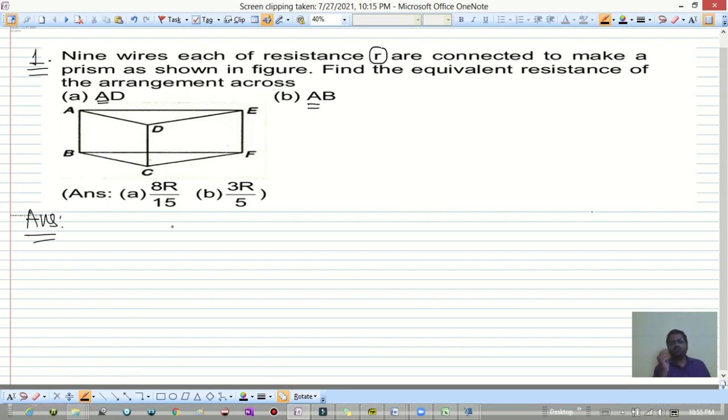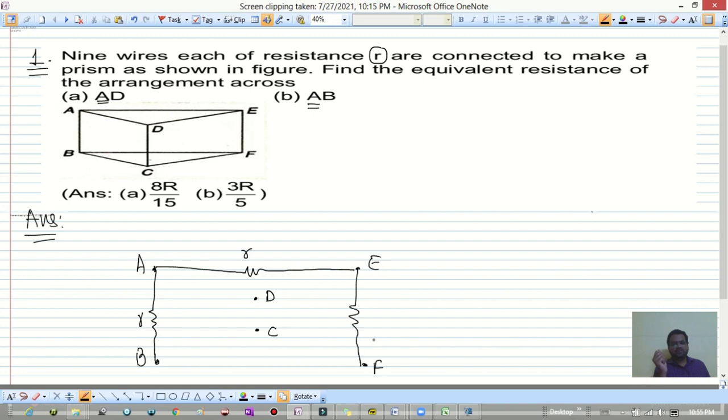Now what we have to do is, here this is A, this is B, then this is E, this is F, then we have D and C. I'll mark D over here and C over here. Now just connect all the resistances. Between A and B, one resistance of resistance small r. Between A and E, one resistance r.